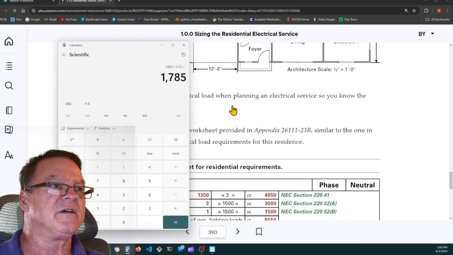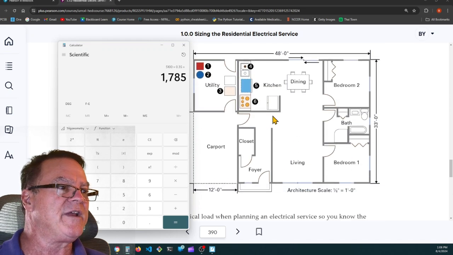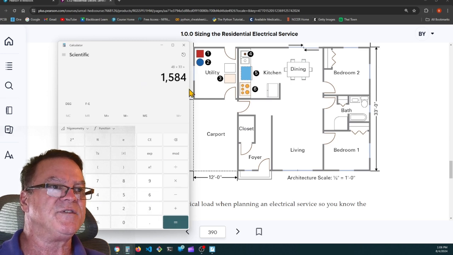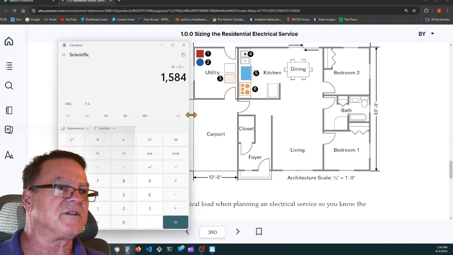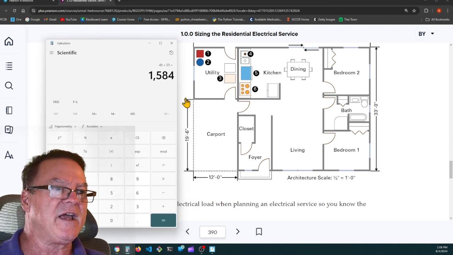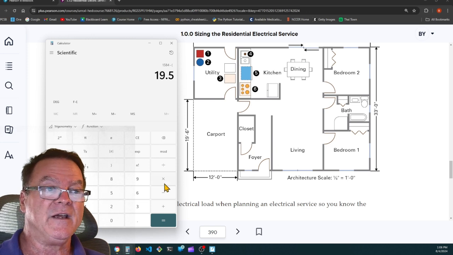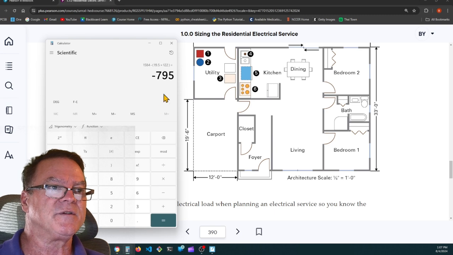So they said it was 48 times 33. So 48 times 33 equals 1,584. And then we're going to subtract from that 19 foot 6 times 12. So minus, I'm going to open a parenthesis and say 19.5 because it's a half a foot. So I'll use 0.5 feet times 12 feet, close parenthesis, equals.